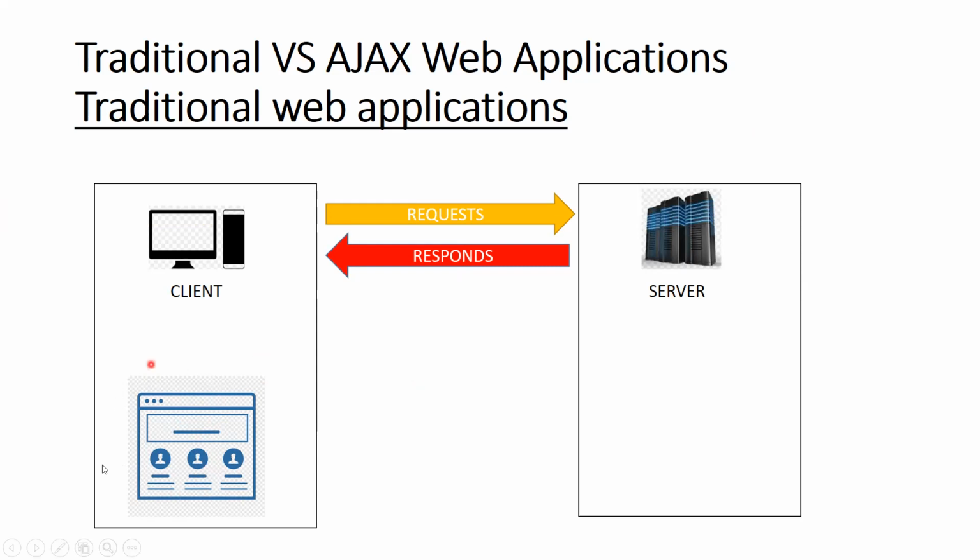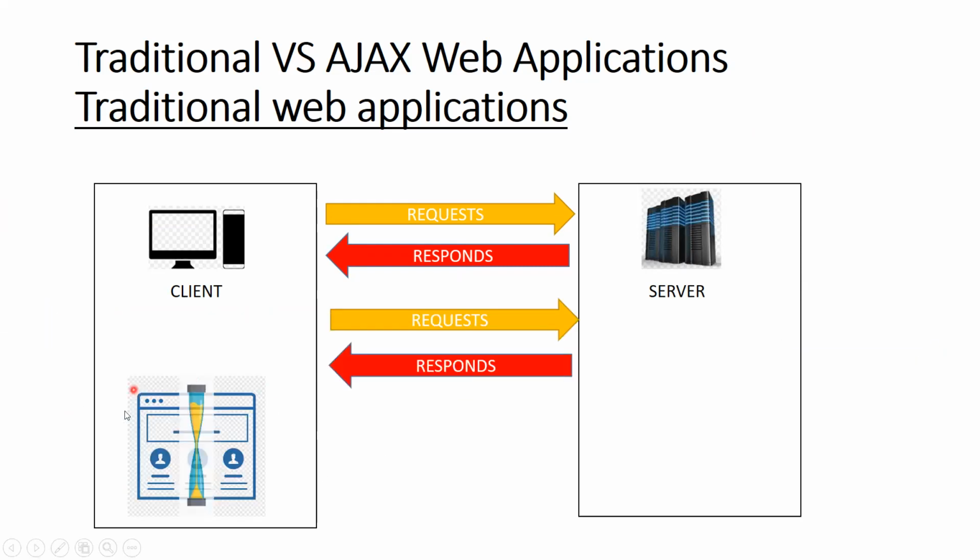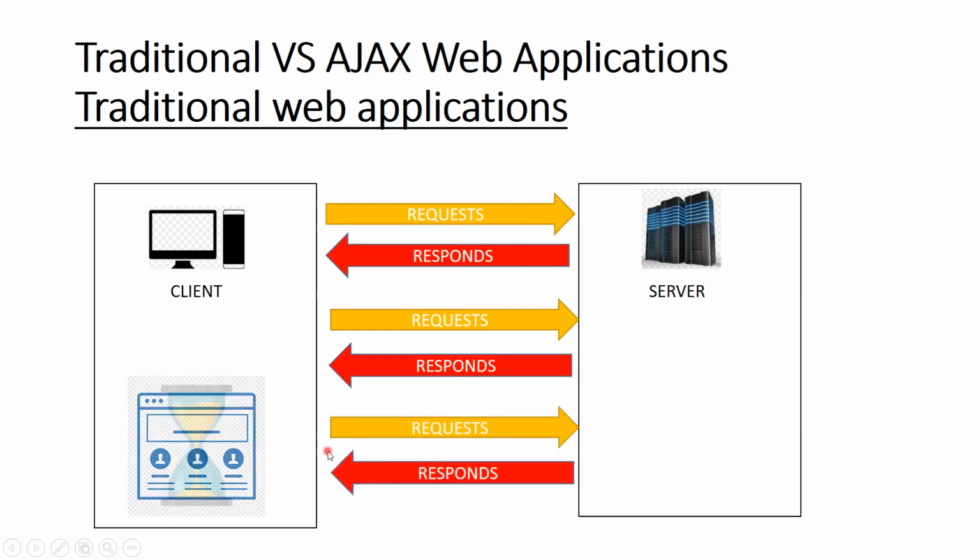So it will refresh the entire page once again. So the client requests, the server responds, and the entire page gets refreshed, and then you'll be able to see a new set of information in it. Let's say you have another request coming in. So the client requests and the server responds. So the entire web page would get refreshed, and then you'll see the new set of changes that are coming in. Now, this is an example of a traditional client-server architecture.